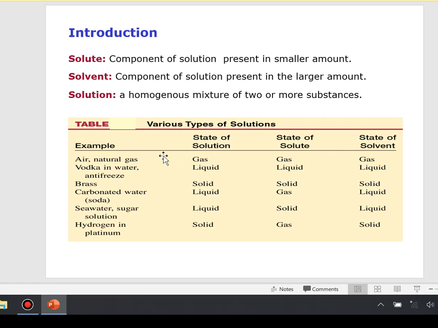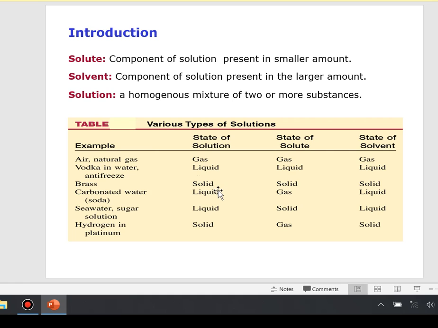And if the state of solute is liquid and the state of solvent is also liquid, it means both states of the solute and solvent are liquid, and the state of the solution is liquid.